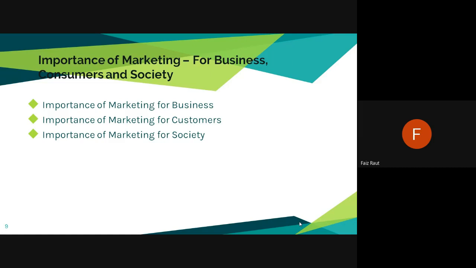ठीक है, society का कैसा है? When you want to increase the standard of living of the people, it is important for the society. Because if you consider the entire world, the companies which are there are a very handful of companies.